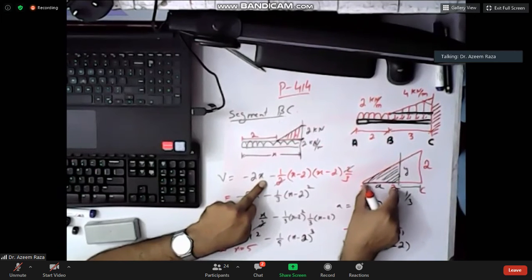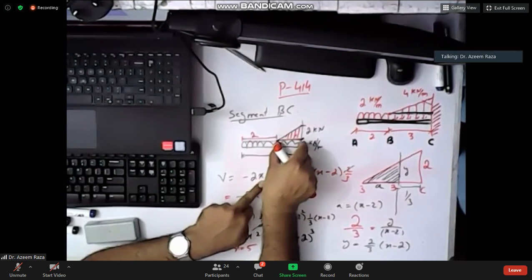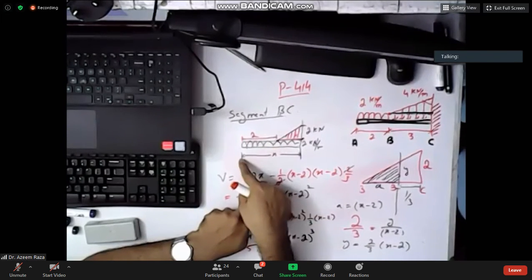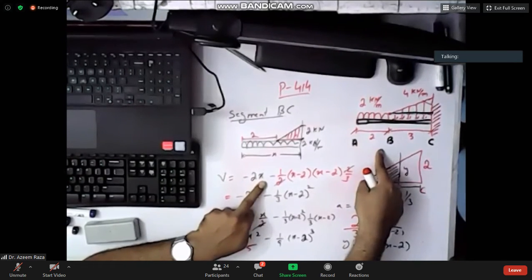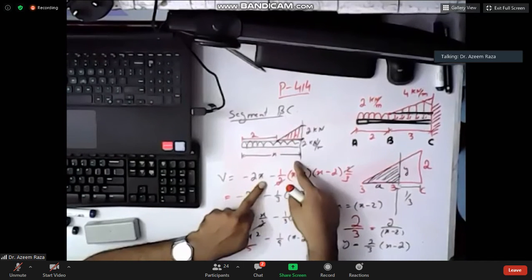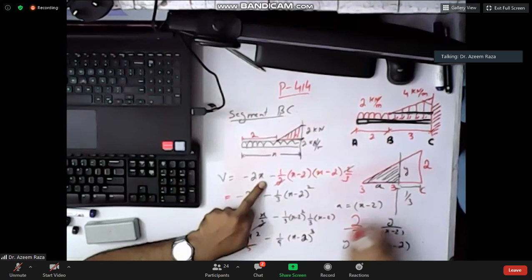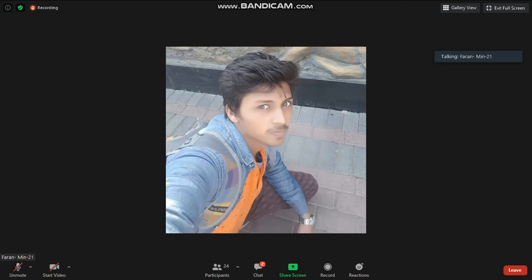What is a here? A is this distance, that would be x minus 2. This 2 is known from between A and B, the distance is 2. So when I take a segment, and this total distance is x, this triangle distance is x minus 2. So I wrote that 2/3 must be equal to y/(x minus 2). So I found out y was equal to 2/3 (x minus 2).